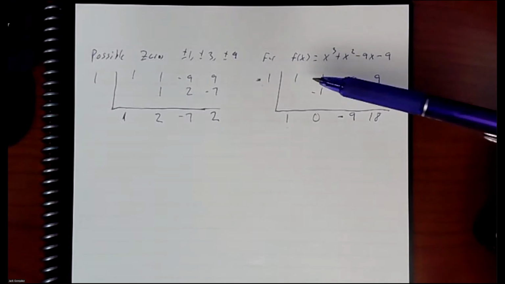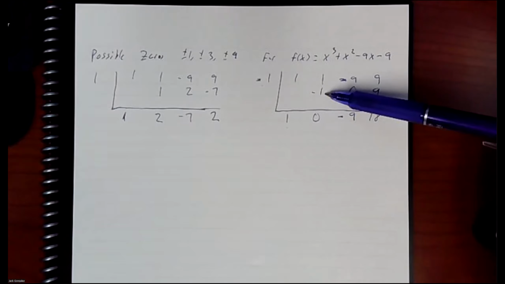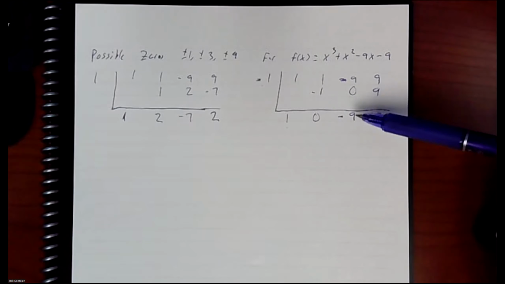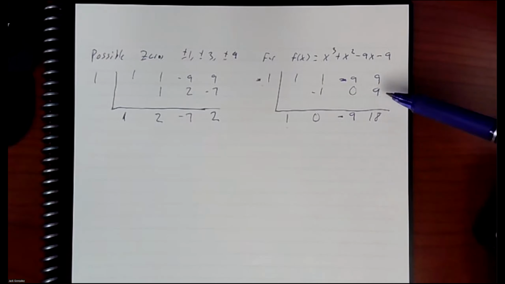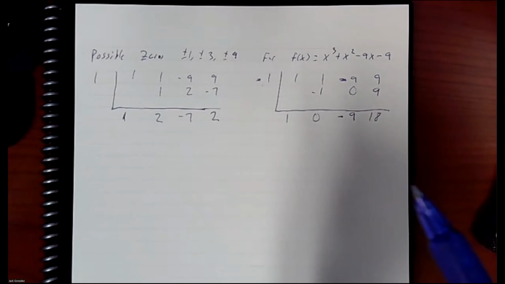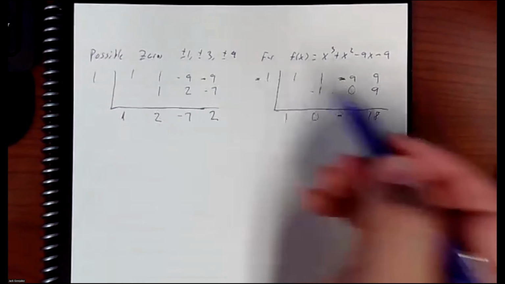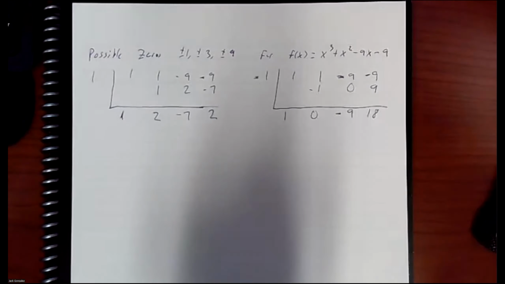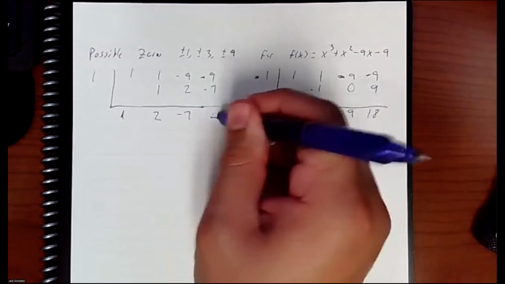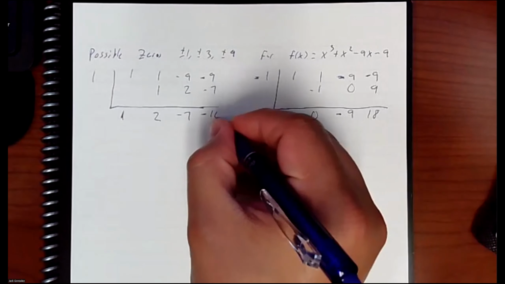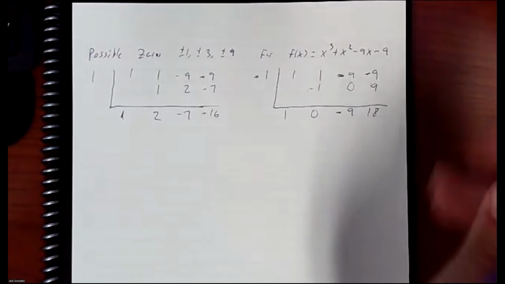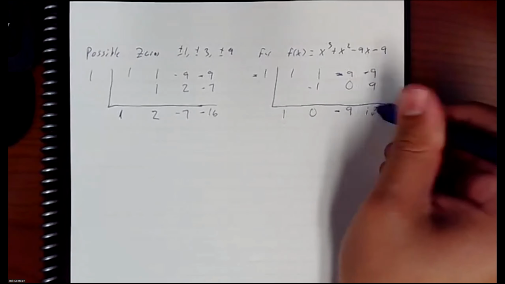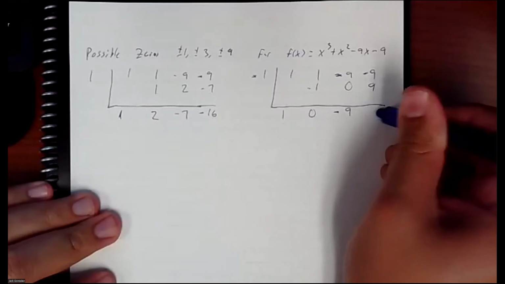Let's double check. Wait, so is that supposed to be -9? Oh, yeah. There you go, sorry. Yeah, it's supposed to be. So that should be negative 9. This should be 0. So we found our 0.